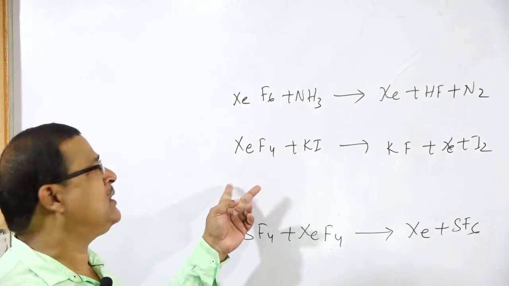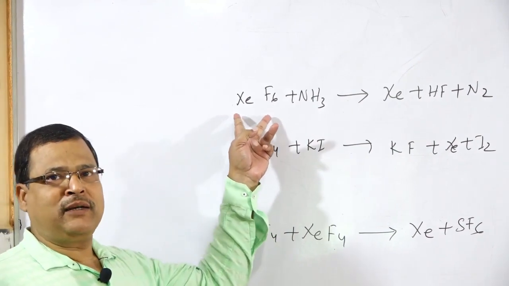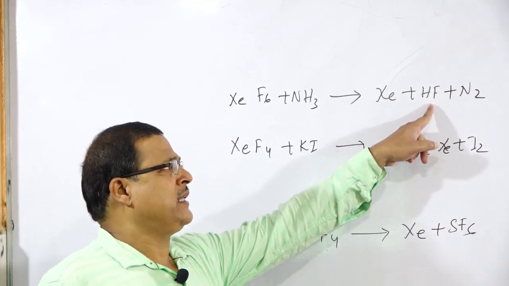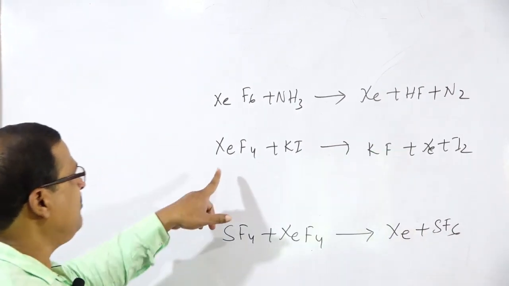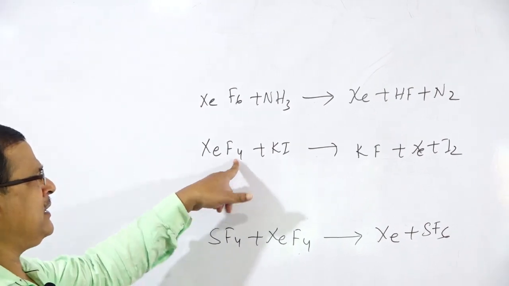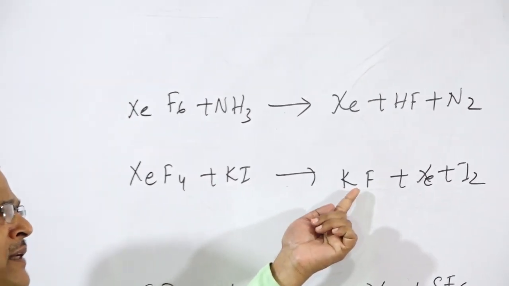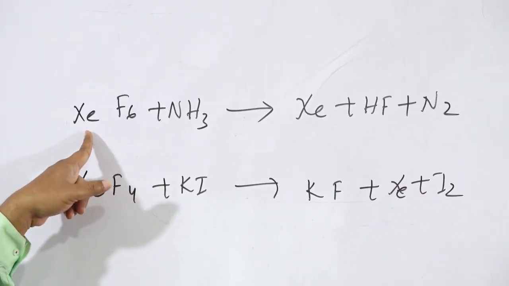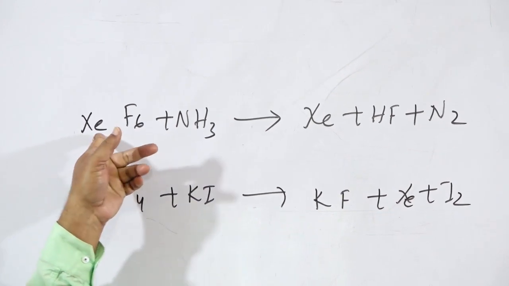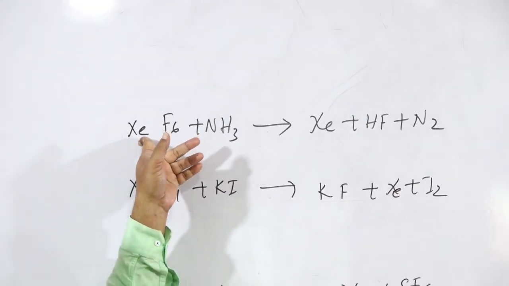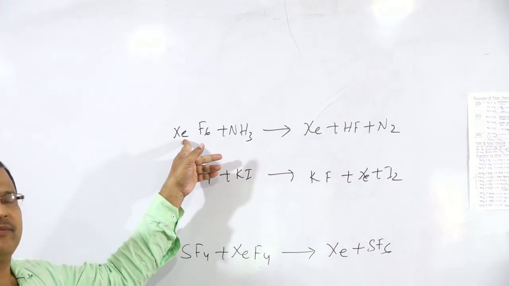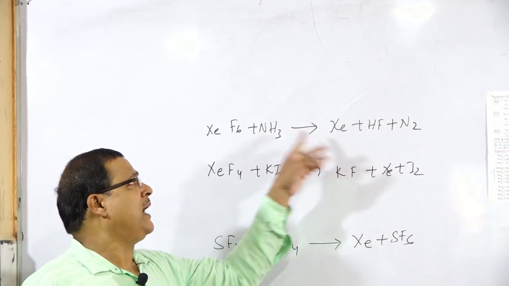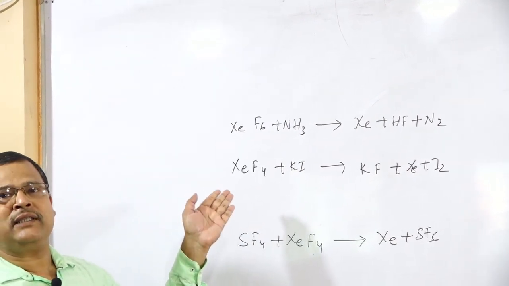These are other examples. For example, xenon hexafluoride reacts with ammonia, forming xenon, HF and N2. Similarly, xenon tetrafluoride reacts with KI, forming KF, Xe and I2. Regarding the uses of xenon fluoride compounds, they help in the production of xenon, and they act as oxidizing agents.